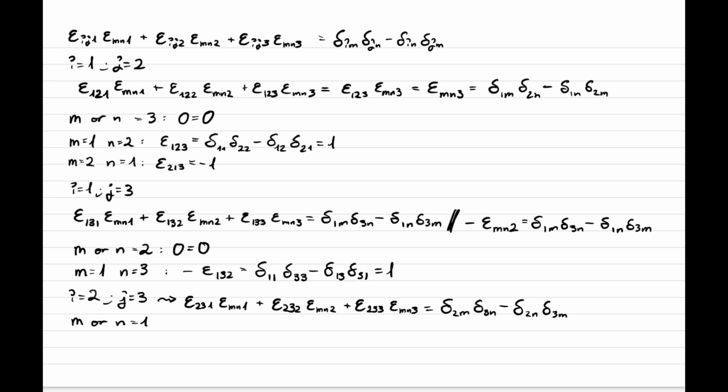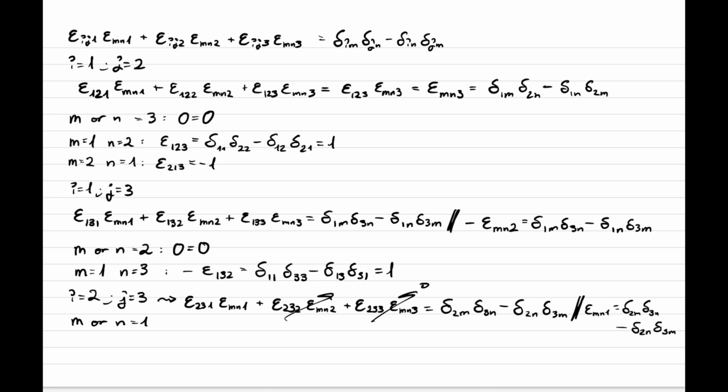Of course, this is an even permutation, so this is going to be 1, so we can omit this factor, and it's going to be the equality, basically, that epsilon mn1 is going to be delta 2m delta 3n minus delta 2n delta 3m.